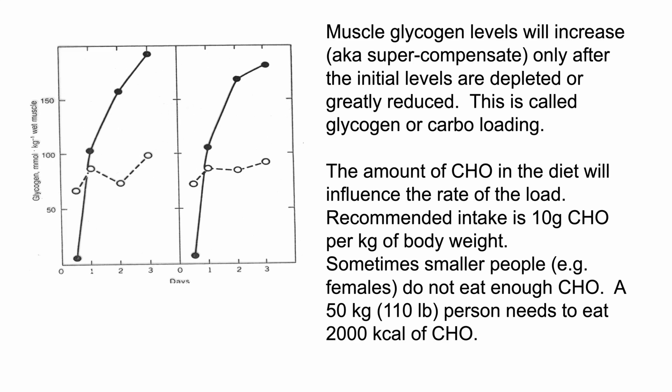And here, on the graph, you can see the two different lines. One is one leg and the other is the opposite leg. What they did in this study was have people do one-leg cycling, and then they fully deplete, and then they store back up. You can see the leg that was depleted, which would be the black line.